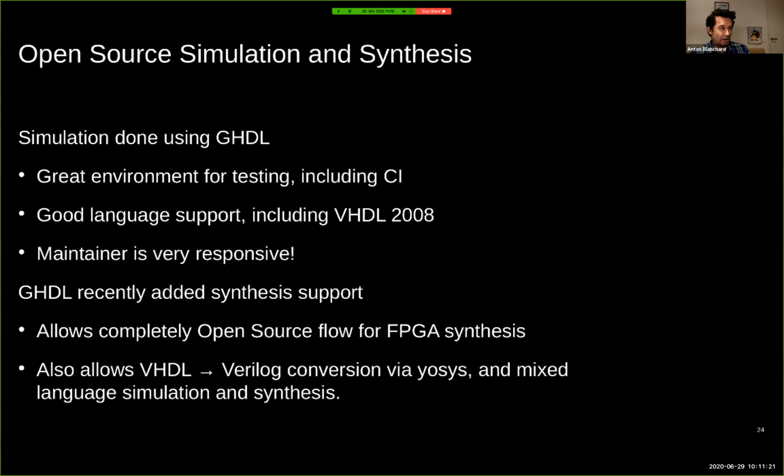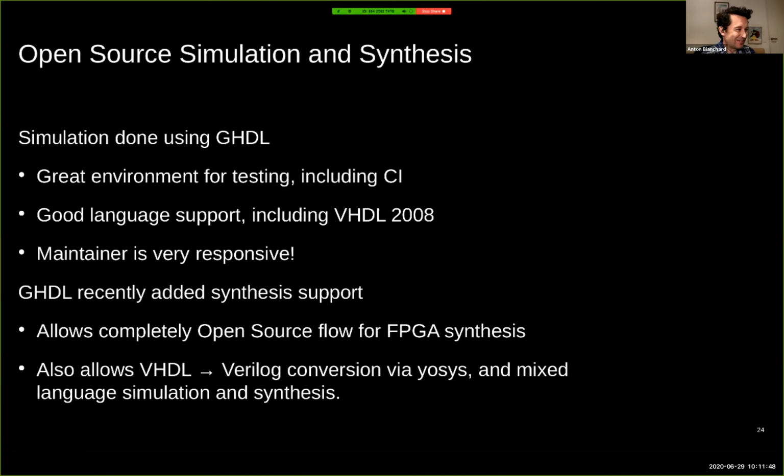Now let's talk a little bit about open source simulation and synthesis. In the VHDL space, the premier open source environment for simulation is GHDL. It's been a great environment for testing, including our CI work. It has good language support, and it has probably the best VHDL 2008 support out there. We've now dealt with all the vendor tools, and they're all broken in their own little way.